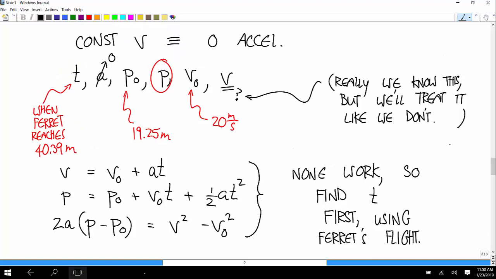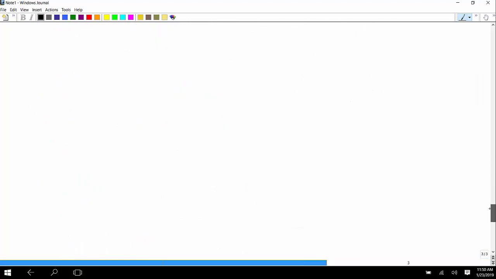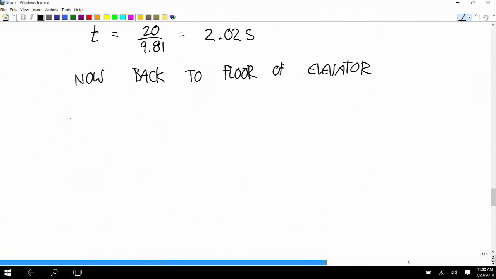So now we can use this position equation. So P is equal to P0 plus V0 T plus 1/2 a t squared.